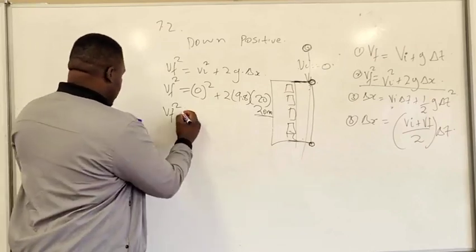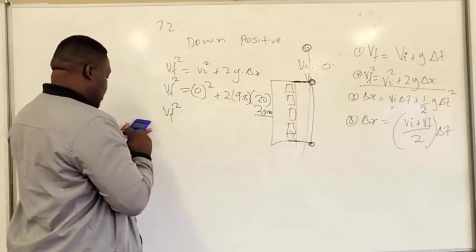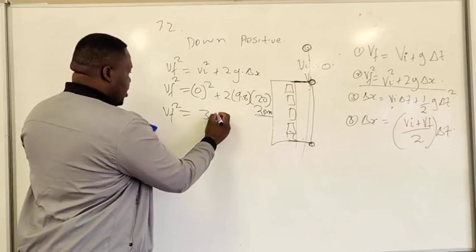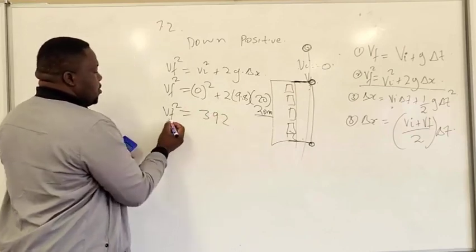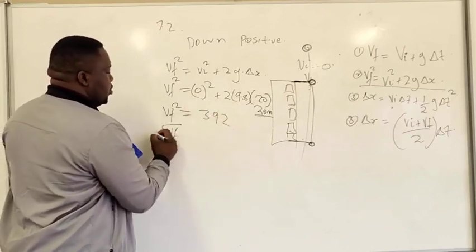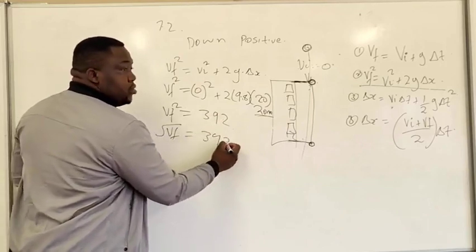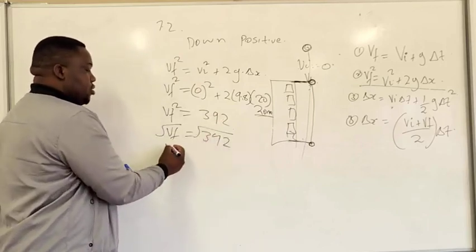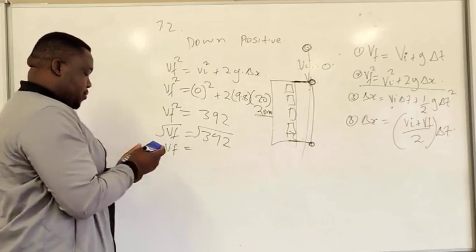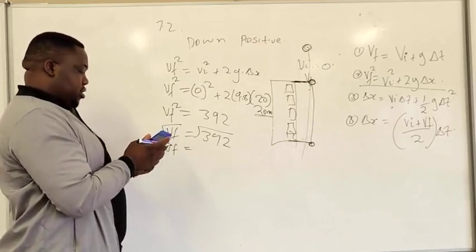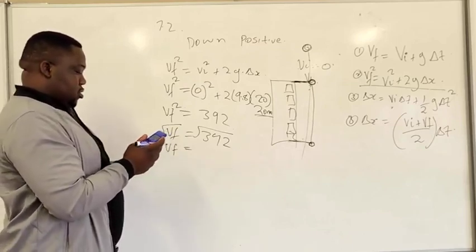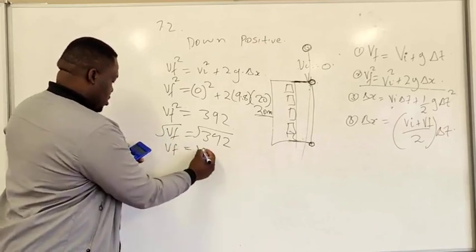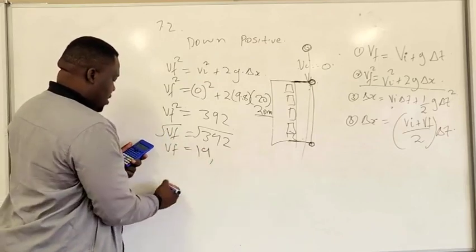Then Vf squared is going to give us 392. Then we put a square root, 392. Then Vf is equal to the square root of 392, which is going to give us 19.8.